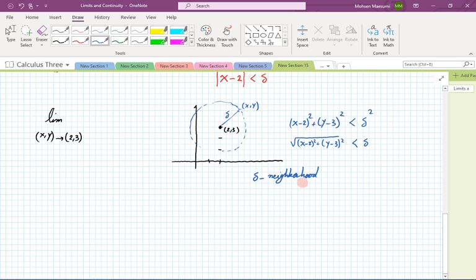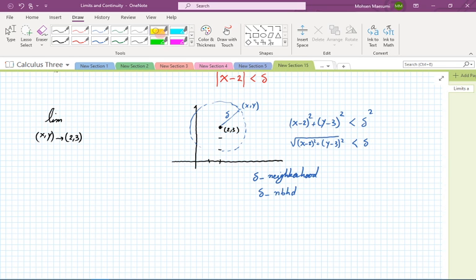That's a lengthy word, so every now and then you see different texts abbreviate it one way or another. Sometimes I might abbreviate it something like that, or a similar abbreviation. So the delta neighborhood of 2, 3 will be the interior of this circle.